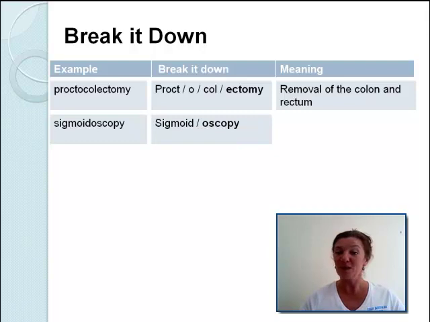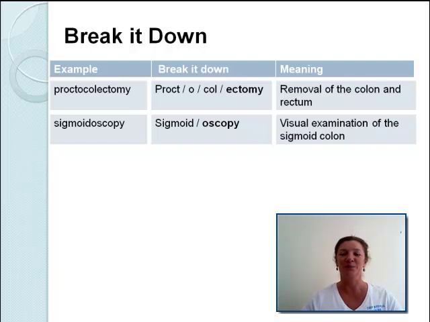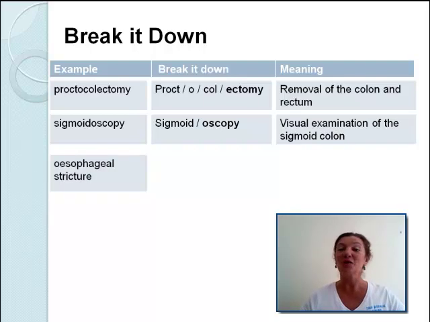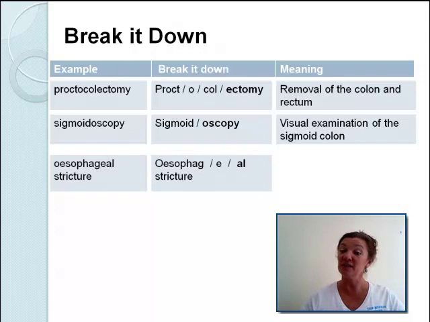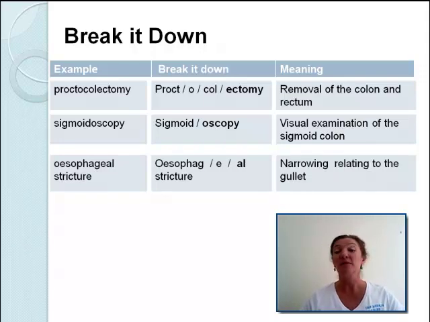The break is where the oscopy is, so it's a visual examination with a lighted instrument to look at the sigmoid colon. Up the rectum, turn right. Esophageal stricture. Esophageal, well, the AL is relating to, and stricture means narrowing, so it's narrowing relating to the gullet.